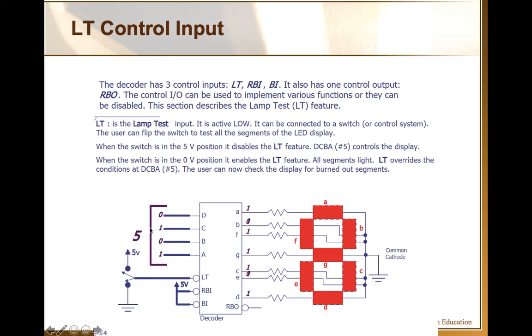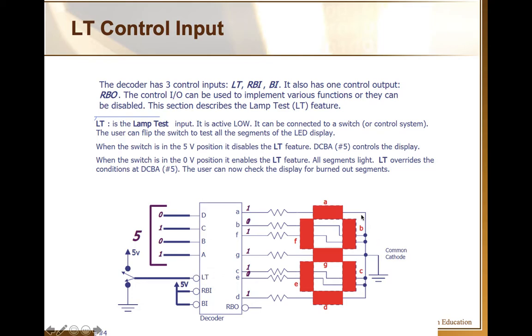Meaning if you are receiving some input at this IC on the input lines, but your lamp test is enabled, meaning it is connected with the ground, then this input will be overridden and neglected. It will not be displayed here. 5 will not be displayed.